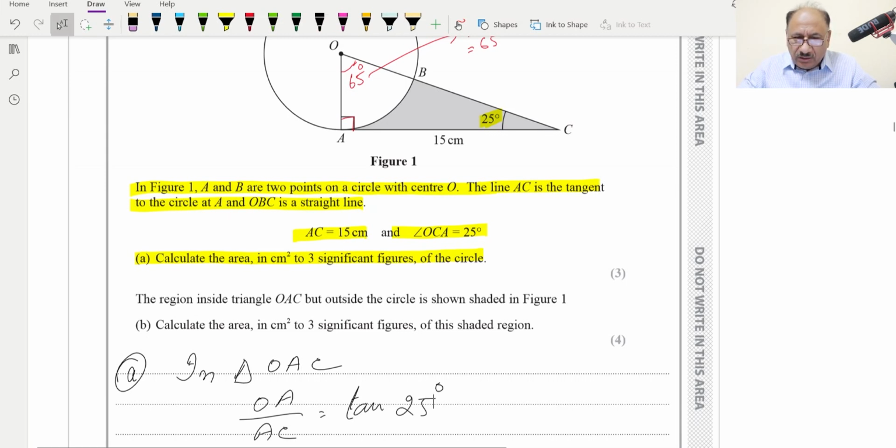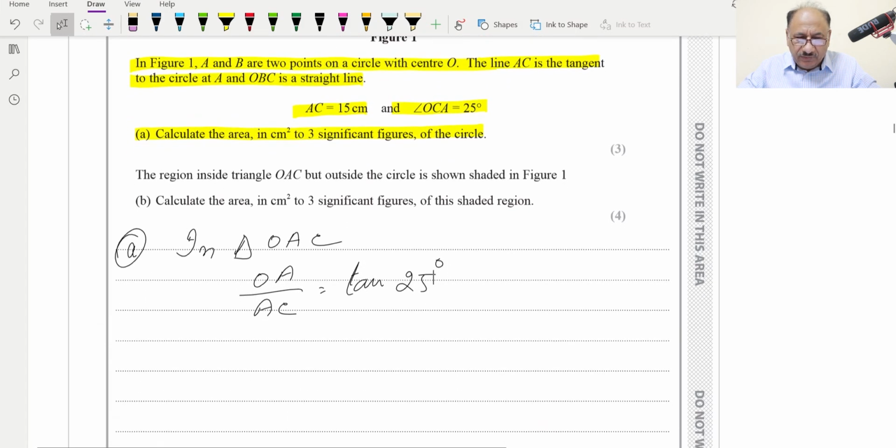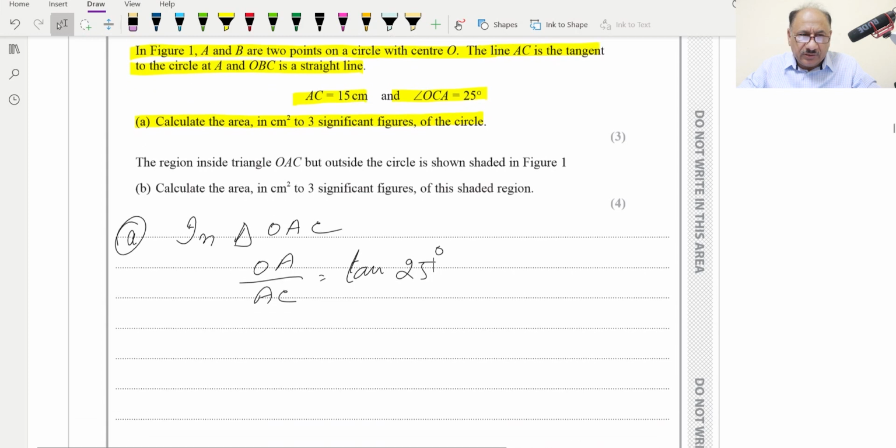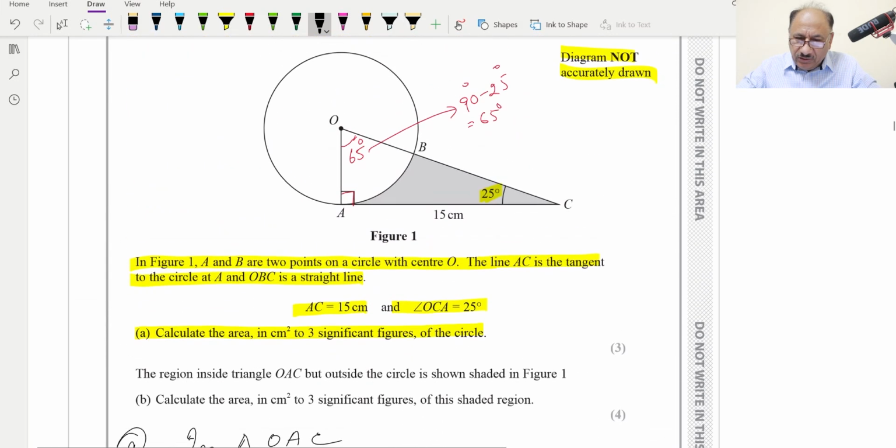So basically our target is to find OA, which is the radius, and then we'll be able to find the area of the circle. So OA will be equal to AC is 15, which is given.